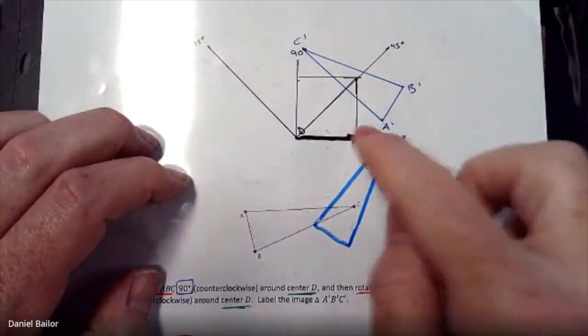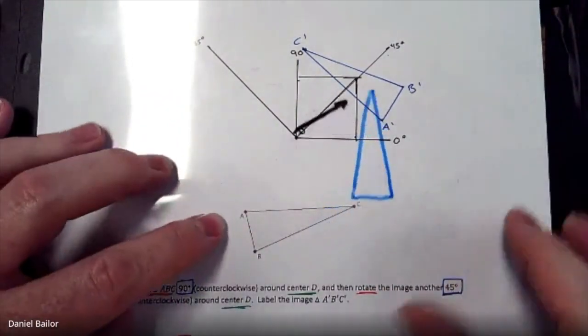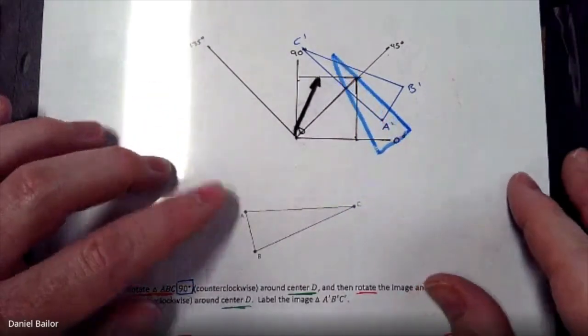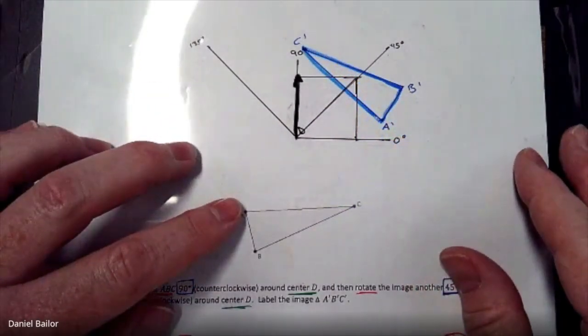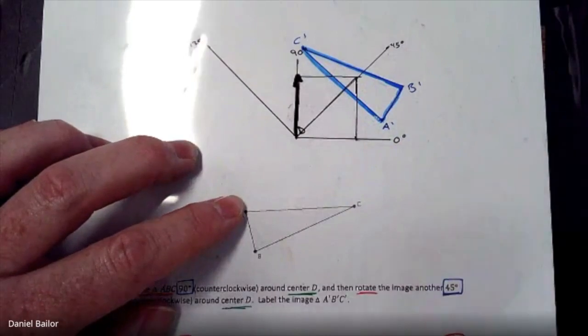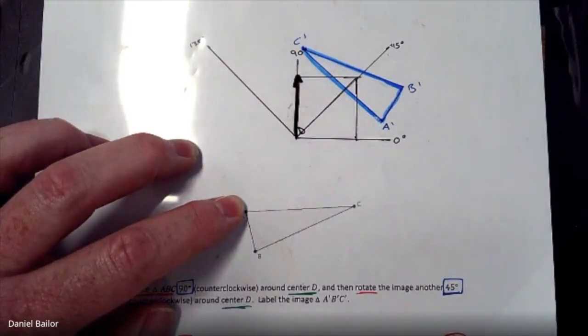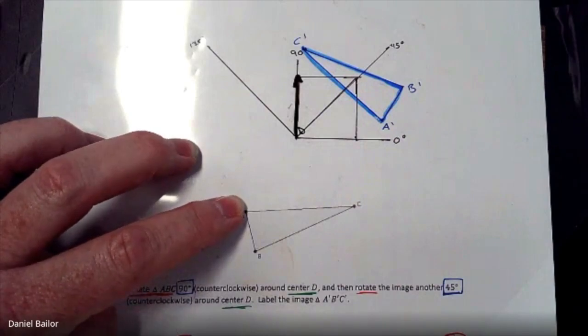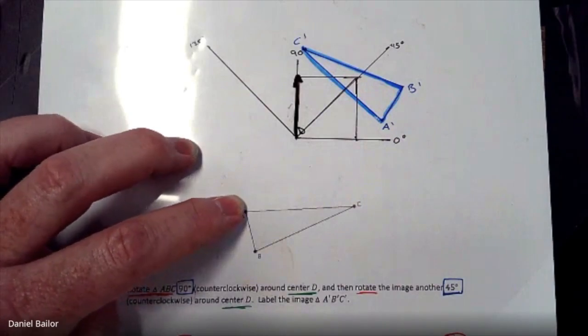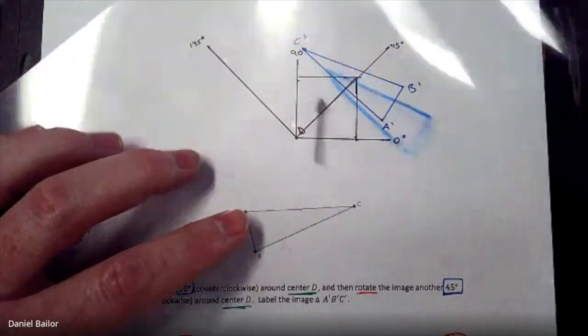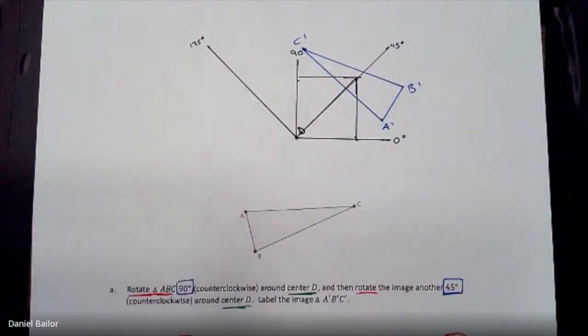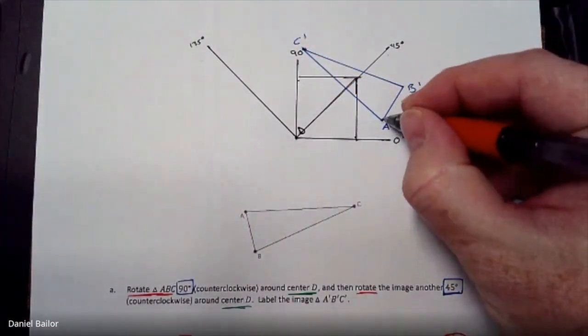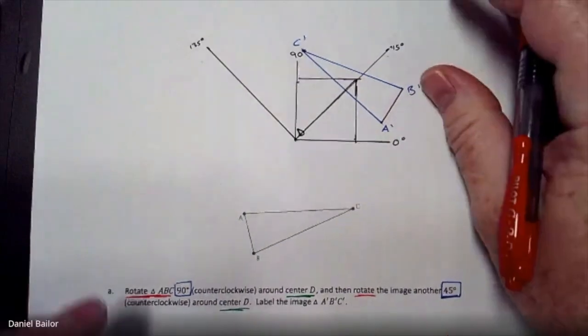And this time, I'm going to go 90 degrees. So the arrow needs to be pointing straight up at the 90. And look at that. The triangle is in exactly the same place as part A. So all I have to do right now is I already drew it. I can trace it with red to make the line look purplish.